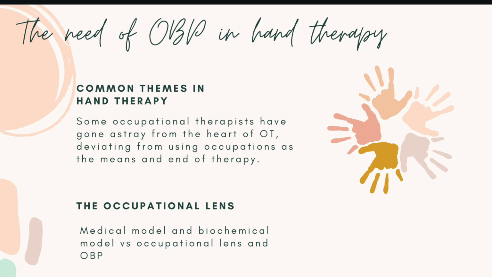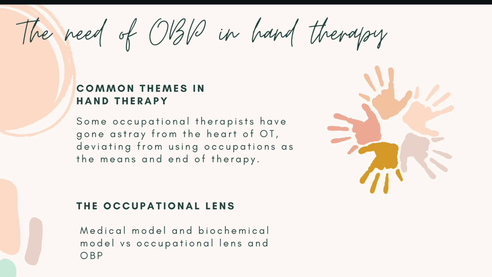This is not the fault of any practitioner, but merely due to the fact that hand therapy has been rooted in the medical model, focusing on structures and muscles which impact the dysfunction of the hand and upper extremity. This presents challenges when we look at what we as OTs are working to improve for our clients.